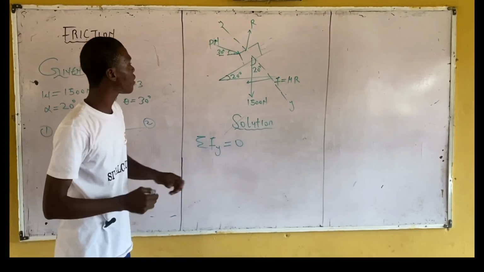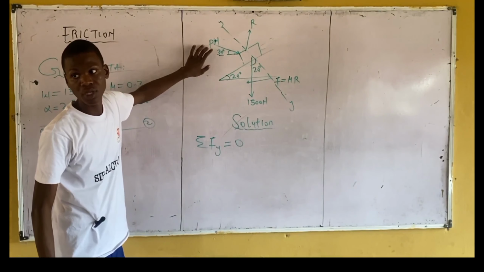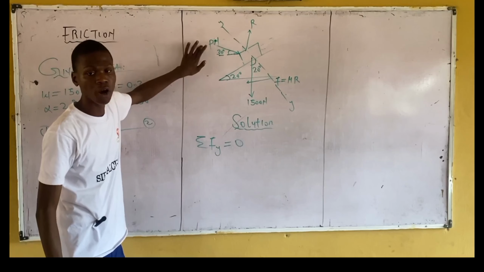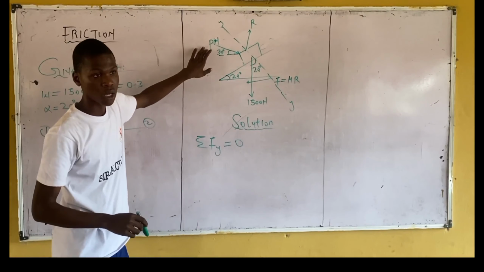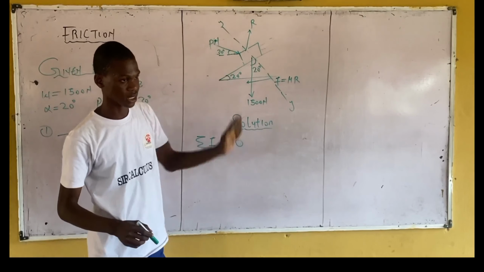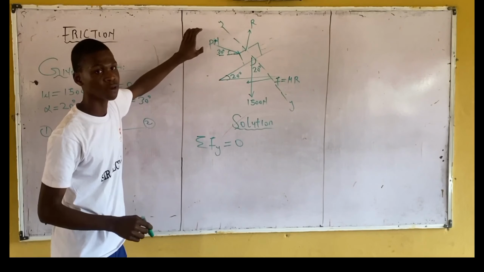All right, I'm having this force here. I'll be considering this force as vertical. Why? Because I can surely resolve it to a vertical component. It's an inclined force, but I can resolve it to the vertical axis. So this becomes part of the vertical forces.